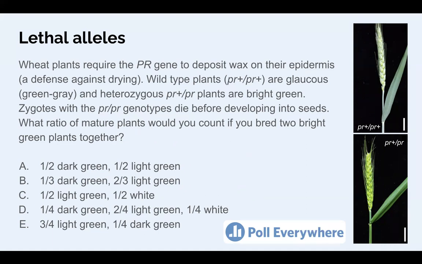If you were evaluating the offspring of a cross and individuals not surviving was a possibility, you might not get the same ratios as if every offspring individual survives. So let's see here. We got a cross: what ratio of mature plants would you count if you bred two bright green plants together? So bright green has this genotype of PR plus PR.